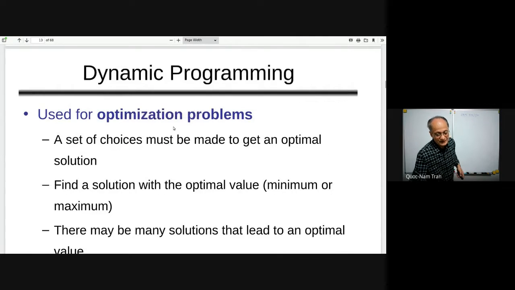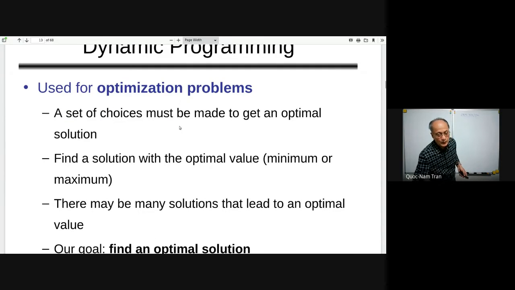A better way is what we call dynamic programming. The previous example is a very simple example of how to use dynamic programming. The idea of dynamic programming is that we will try to use the results of the small pieces for the calculation of the bigger problem, right?